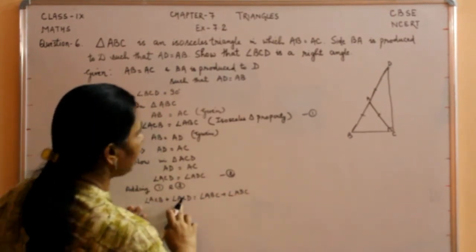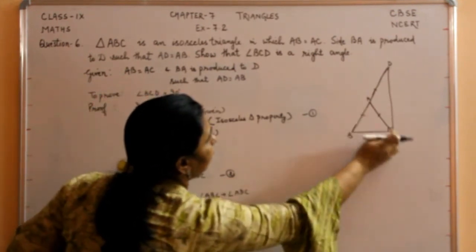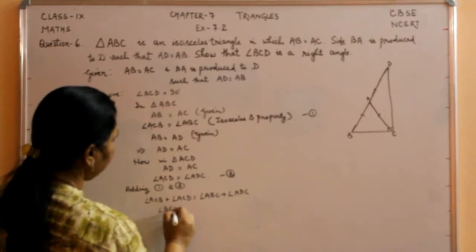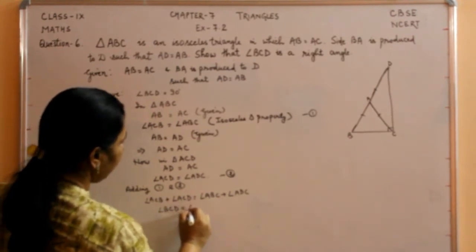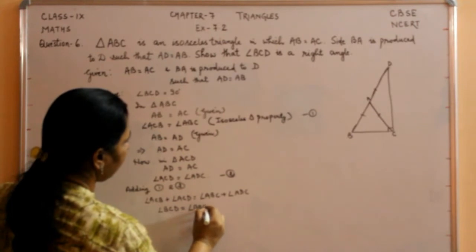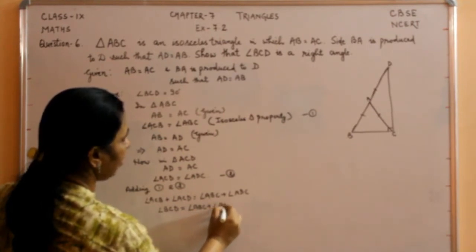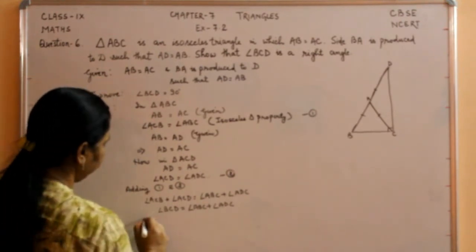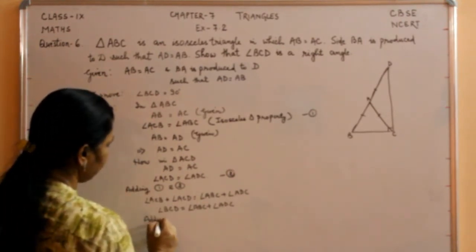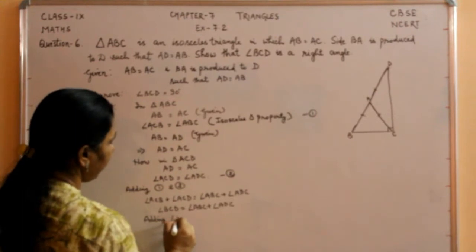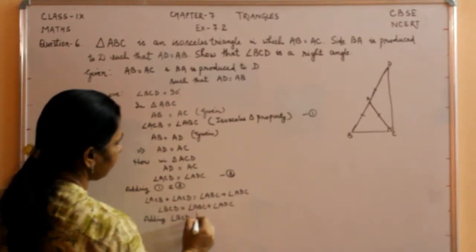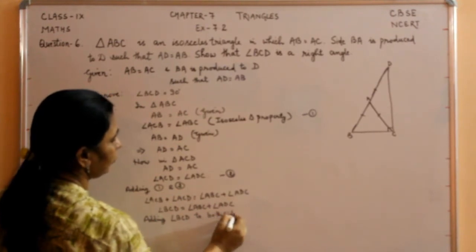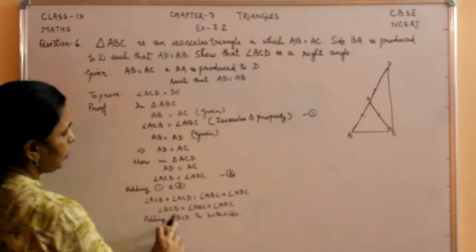Now ACB plus ACD, together they make which angle? Angle BCD. It is equal to angle ABC plus angle ADC. Okay, students. Now we are adding angle BCD to both sides.